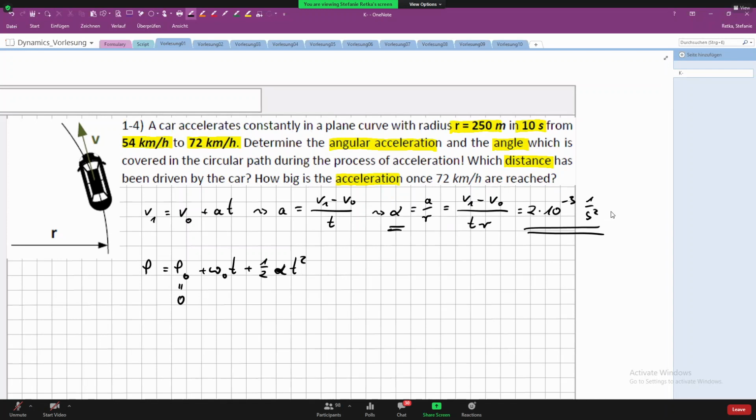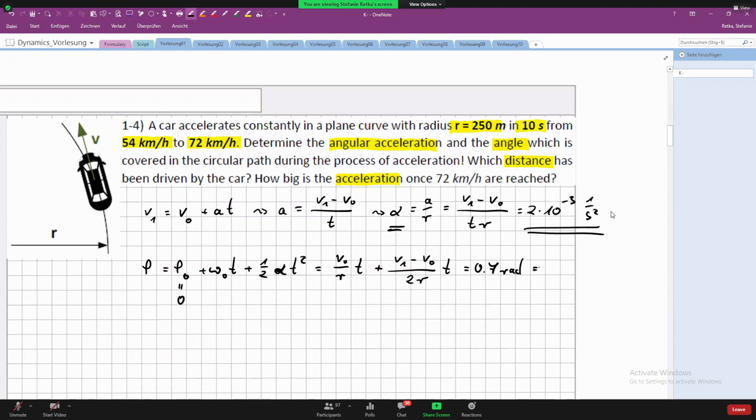Omega 0 times t is the same as v0 over r times t, plus, substituting alpha, v1 minus v0 over 2r times t squared, and we obtain 0.7 radians.